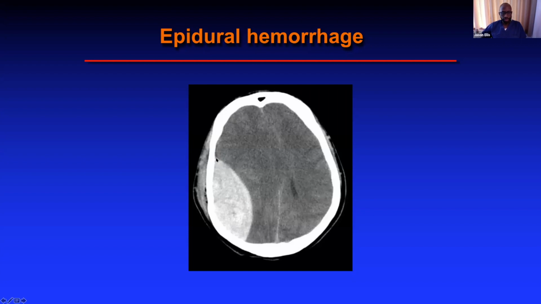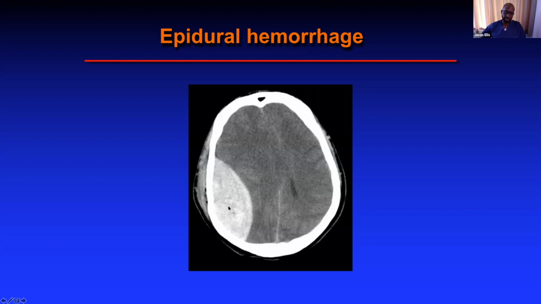And we know that based on the characteristic shape of an epidural hematoma, which is classically convex, okay? So really not adhering to the surface of the brain, and I'll show you a type of bleeding that does that, but really pushing it and causing this sort of lens shape appearance.